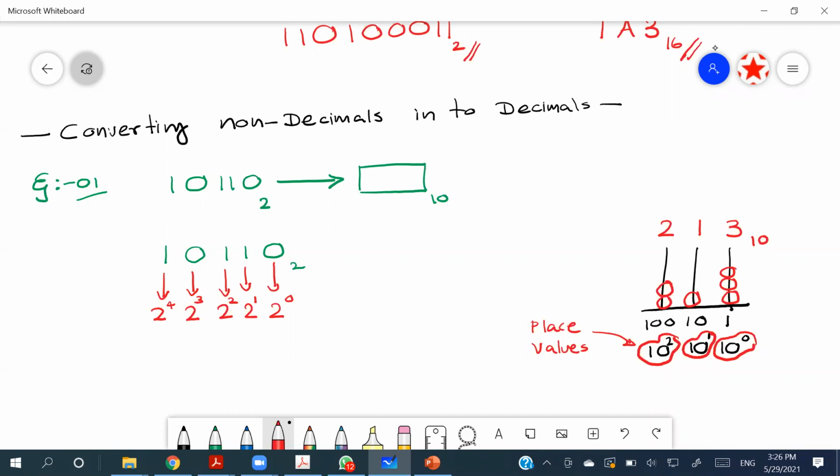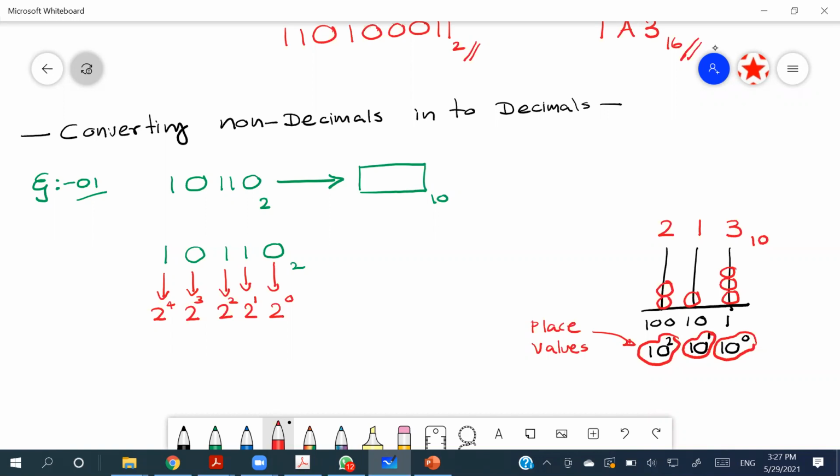If you consider an octal value, what kind of powers does it have as the place values? If it is an octal value, 8 to the powers. Very good. If it is a hexadecimal, it's going to have 16 to the powers. Very good, Udamya.